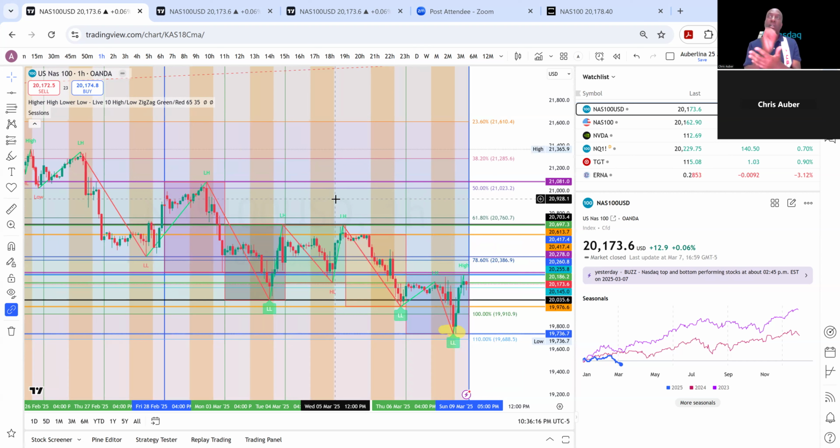Remember, it costs nothing to use a demo account. And for those people who say, oh, it's not real money, my thing is, if you can't make money on a demo account, you'll never be able to make money on a real account. So again, guys, keep practicing, keep strategizing, keep reviewing.